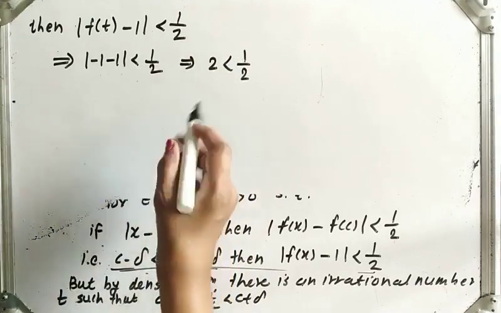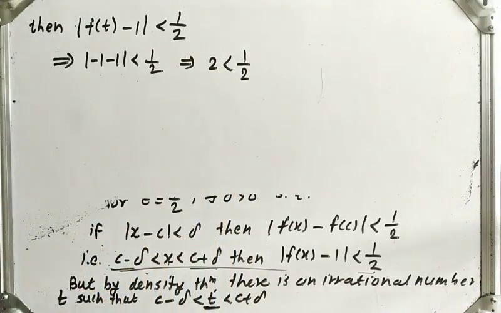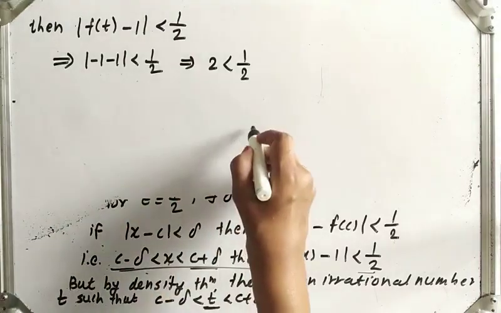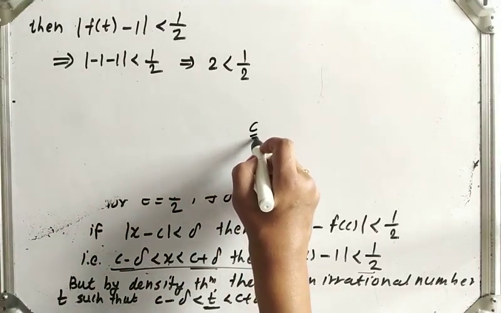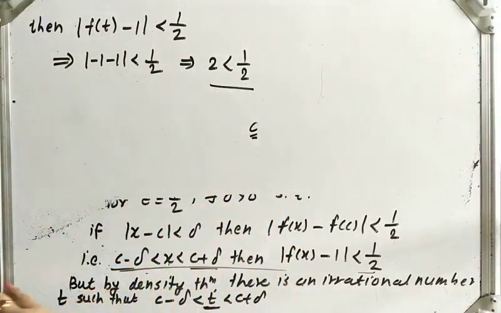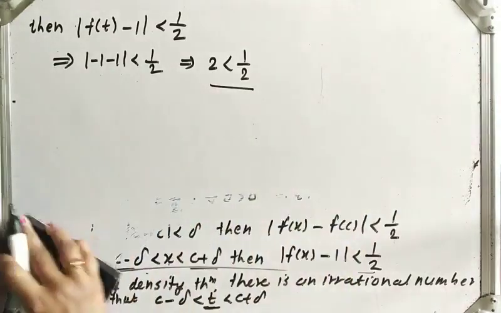So we get a contradiction. Contradiction to what? We have assumed that the function is continuous at point c. c was our rational number. We have assumed it is continuous at c. Then we get this contradiction, which means our assumption is wrong.